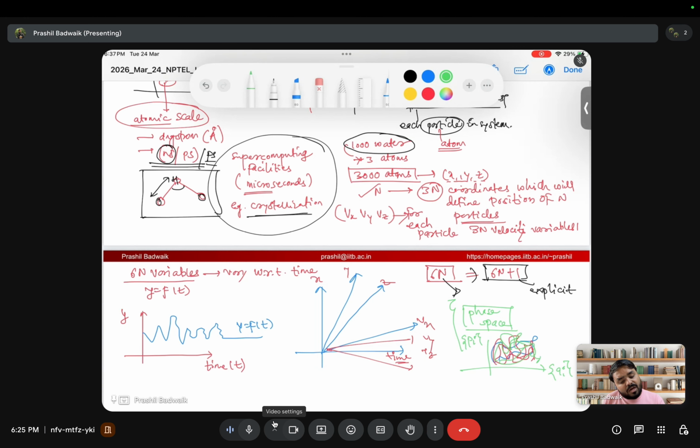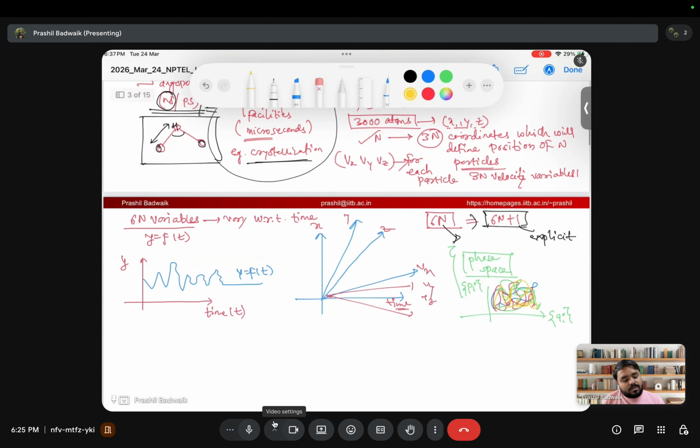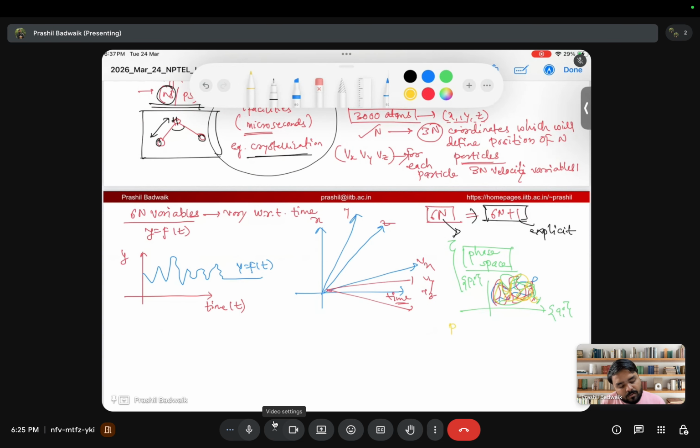So you can see there are multiple values. The particles in the system are moving, and as they move their position and velocity change.